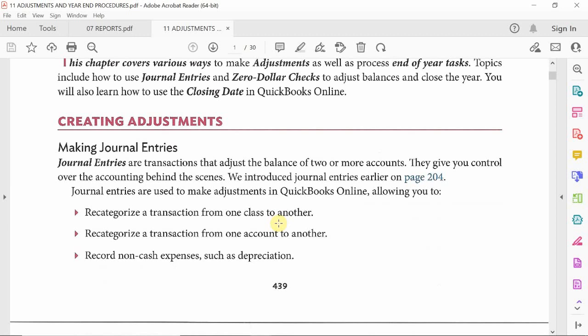So what is depreciation? Depreciation comes with when you purchase fixed assets, right? And you need to find some kind of way to measure that you used that fixed asset. And the way that we understand it is through depreciation, right? Because when we purchase our fixed assets, they do not retain their value over time.